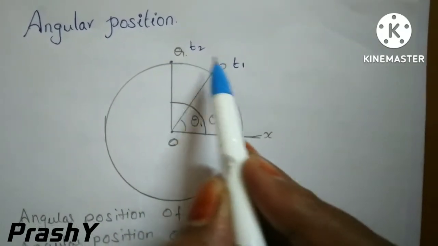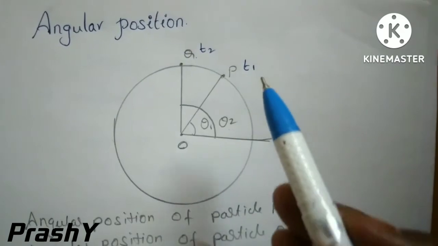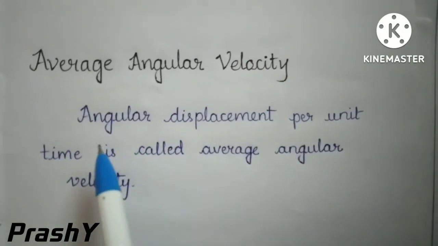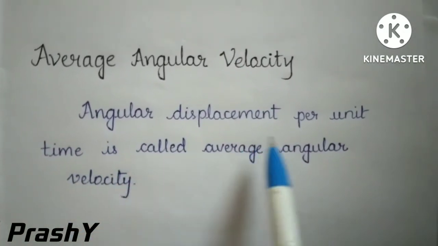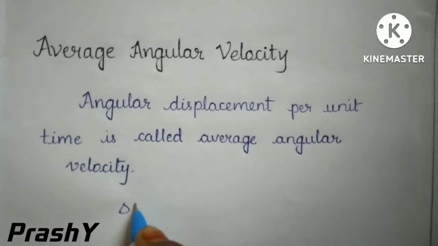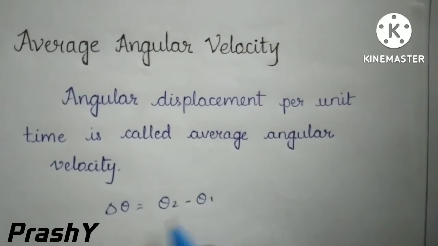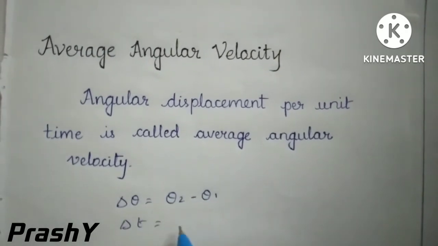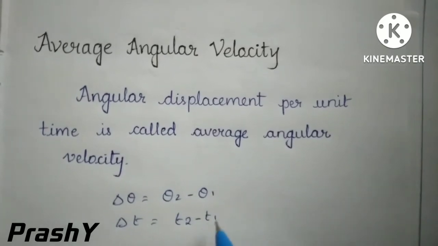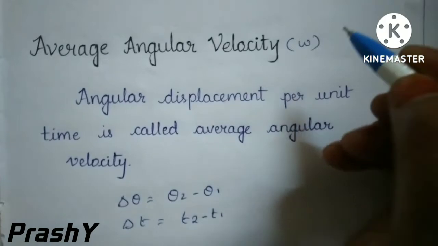So now let us write the formula for average angular velocity. The average angular velocity can be described as angular displacement per unit time. Change in angular position is delta theta equal to theta 2 minus theta 1, and delta t is equal to t2 minus t1. Angular velocity we indicate with the letter omega.